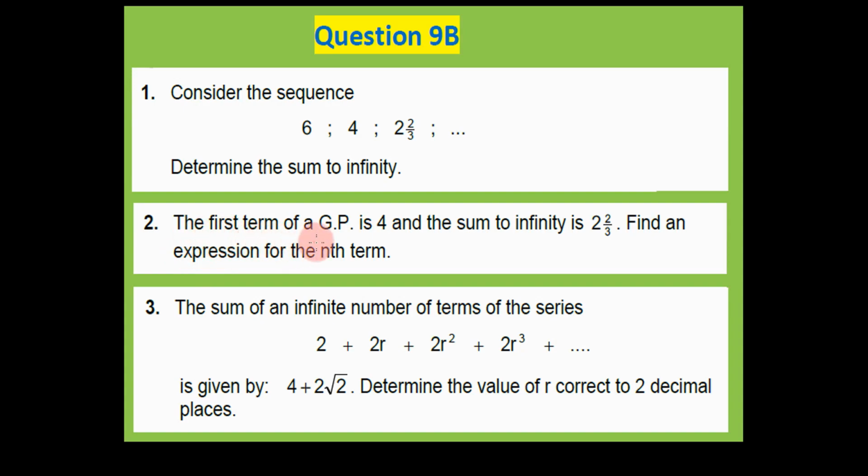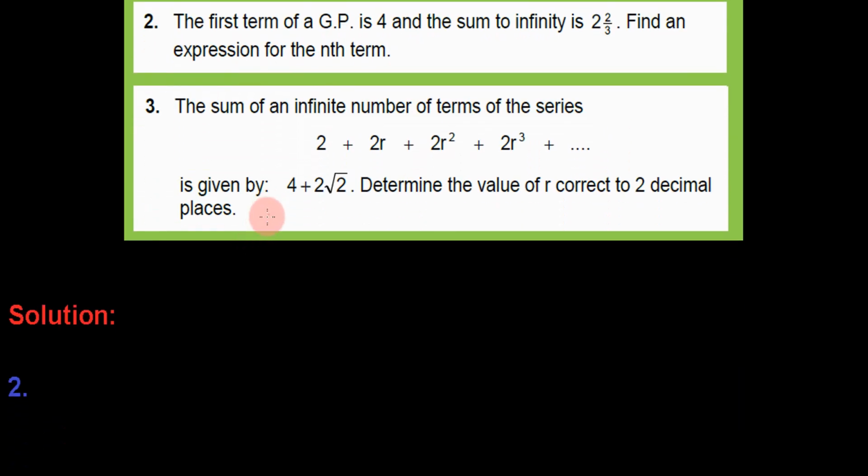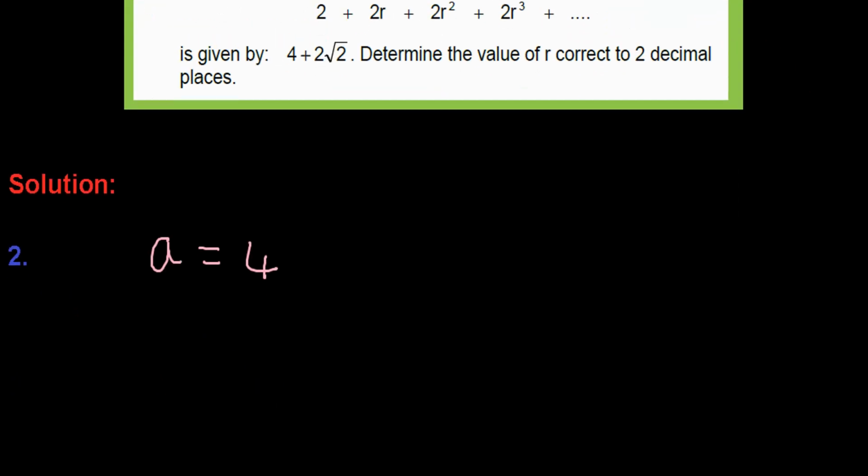It says the first term of a GP is 4, and the sum to infinity is 2 and 2/3. Find an expression for the nth term. So let's write down what we have. We know that the first term A is equal to 4, and the sum to infinity, S infinity, is 2 and 2/3.